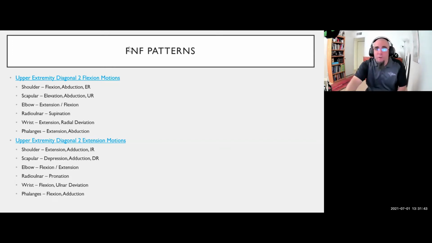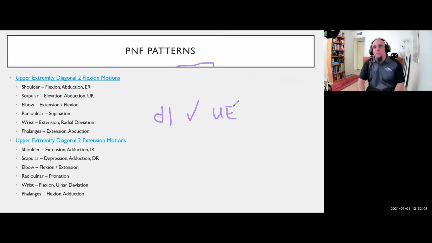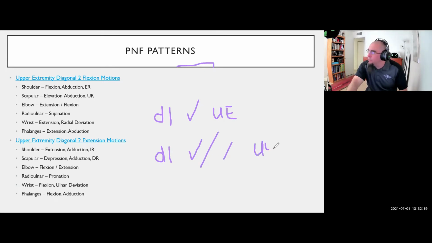So if you see them on your flow sheet for you to do with the patient, most times it'll say D1 flexion pattern of the upper extremity. At that point, you don't necessarily have to do the extension pattern. So you could just do up and across, self-feed. If you're doing both, it will say D1 flexion and extension of the upper extremity.